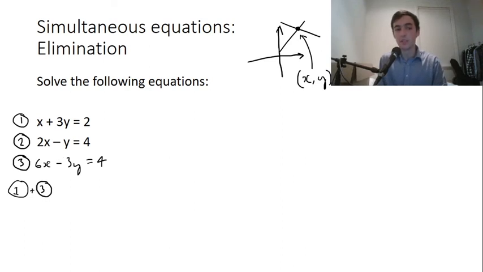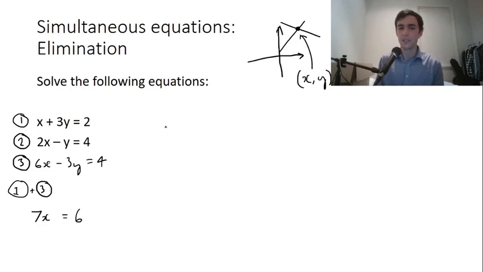And we'll be left with x plus 6x, which is 7x. There'll be no y's anymore because these cancel out. 7x equals 6.